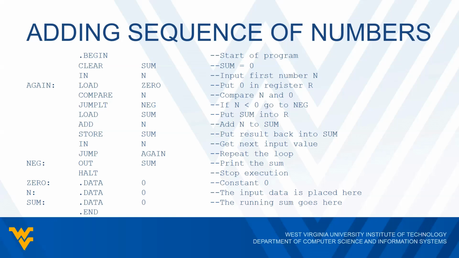So we're always using the register for updating our values. Once we have updated the value of sum, we'll input n again, so we'll do an in n instruction to get the next input value. And then we're going to do a jump again instruction, which means we're going to jump back to the instruction labeled again, and then we're just going to compare again and just keep doing this until we encounter a negative number.